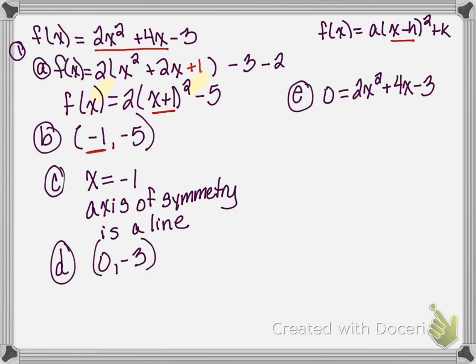So I am going to do 2 times negative 3. So I have a product of negative 6 and a sum of positive 4. Will that factor for me? Are there two numbers multiplied together that give me -6, that when they add together give me +4?